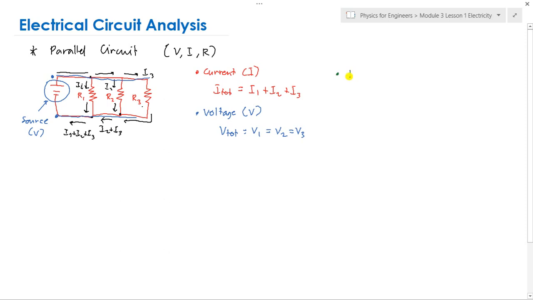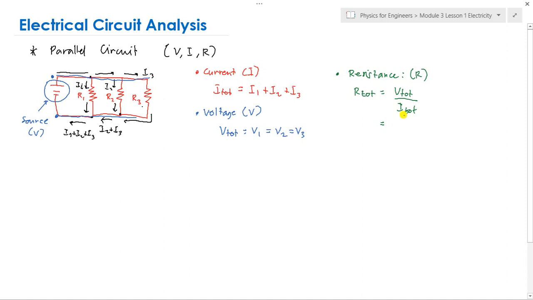Now, ang pinaka inyong tigaman for parallel is the total resistance. So, let's go to the resistance R. For the total resistance, R total is equal to, diba, the formula for resistance is V over I. So, that is the total voltage over the total current.